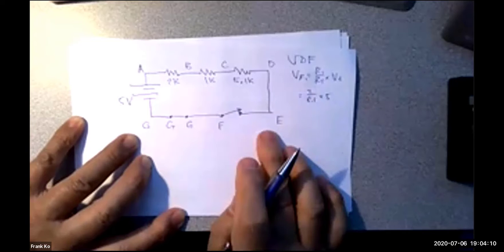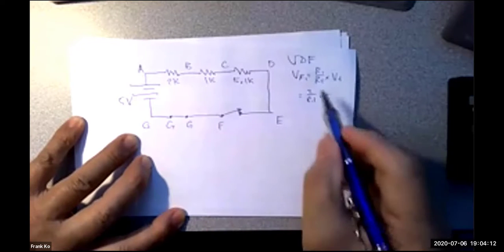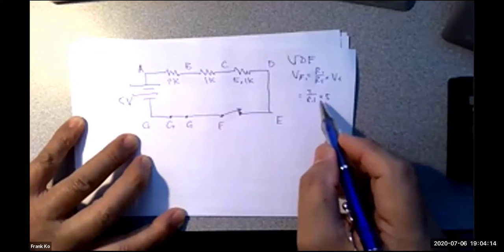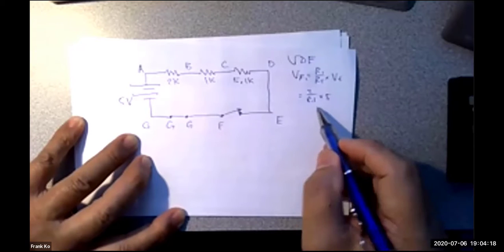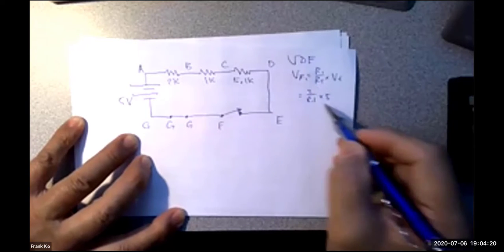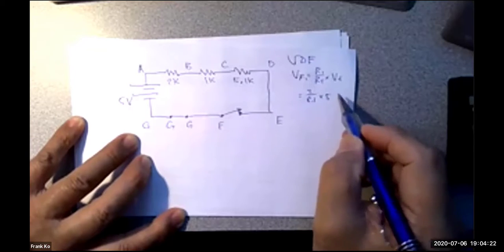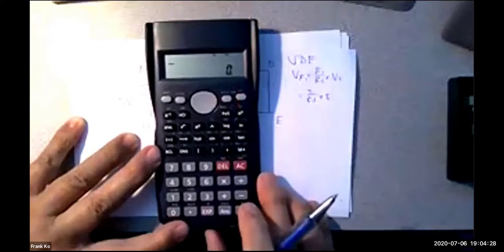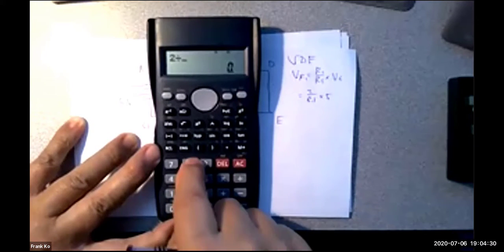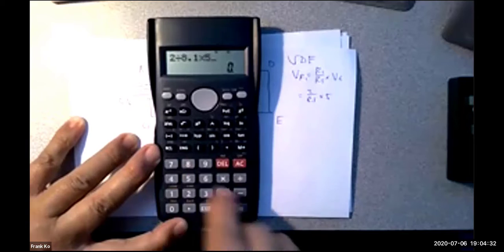Is that my fast math? Do I have to write kilo in the numerator or denominator? Only because they're going to cancel. Do I have to write omega in here? No, not when I'm doing math. Do I have to write volts here? Not when I'm doing the math. So it becomes nothing more than turn on the calculator. It's 2 divided by 8.1 times 5. Bam.